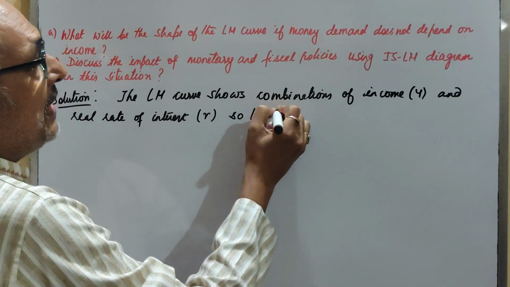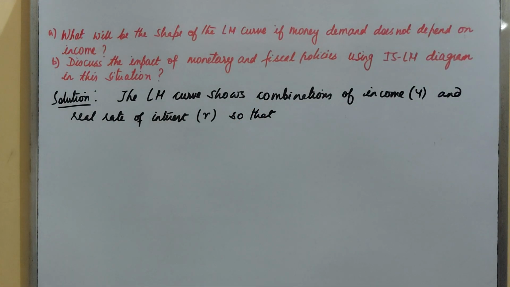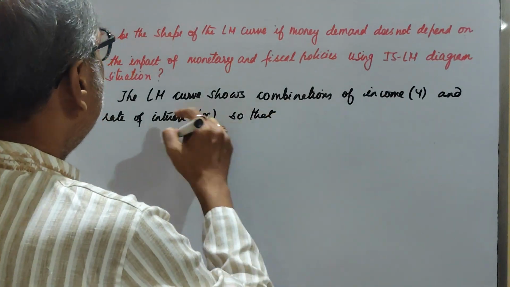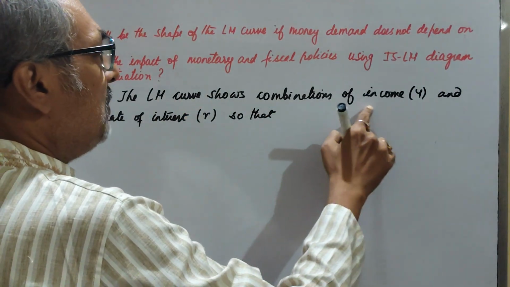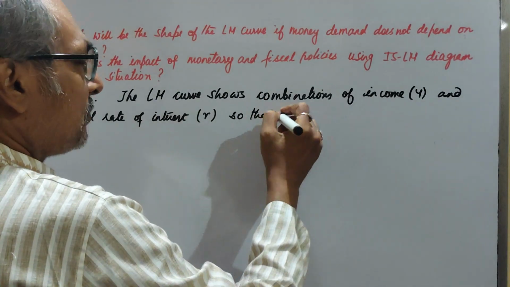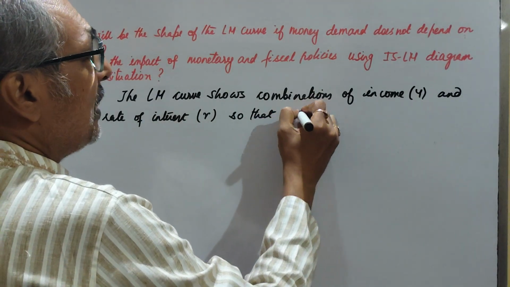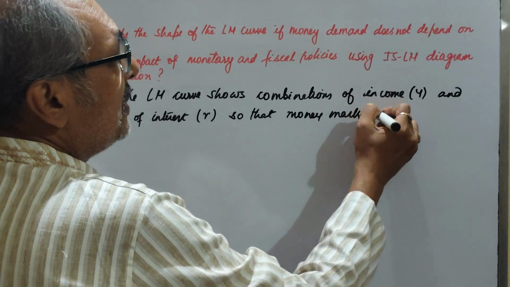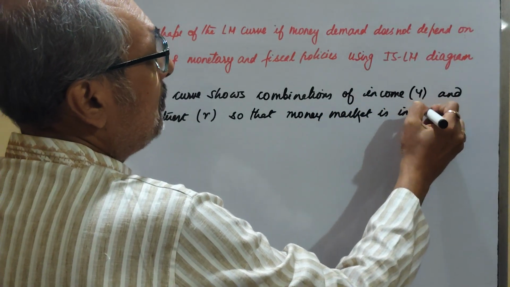So that the money market is in equilibrium. The LM curve shows the combinations of income and rate of interest so that the money market is in equilibrium.